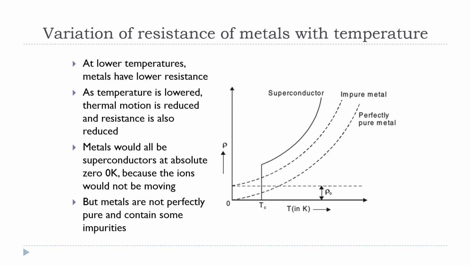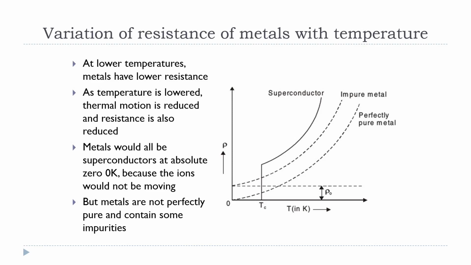Now let us study how the resistance of metals varies with temperature. As we change the temperature of that metal, how does its resistance change? So here in this diagram, we can see that for a perfectly pure metal, as the temperature on the x-axis is decreased, its electrical resistivity gradually decreases and attains 0 here, right?